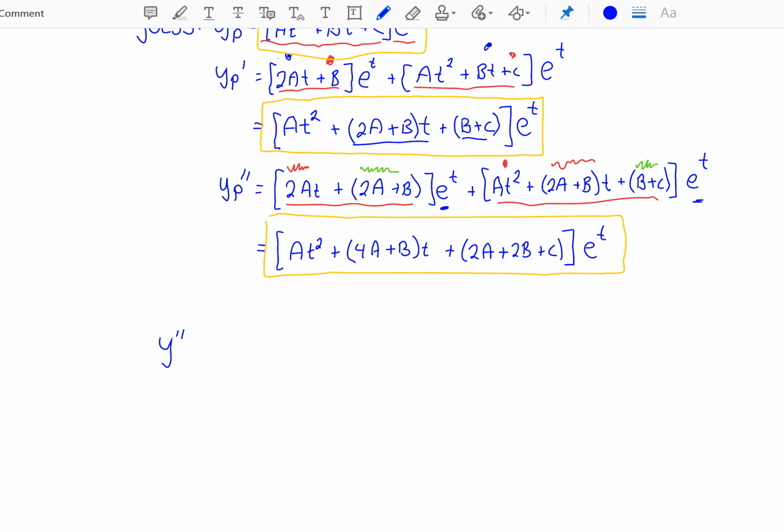Y double prime minus 4y prime plus 4y has to equal t squared e to the t. And let's substitute these things in now. I'm going to write it in rows.